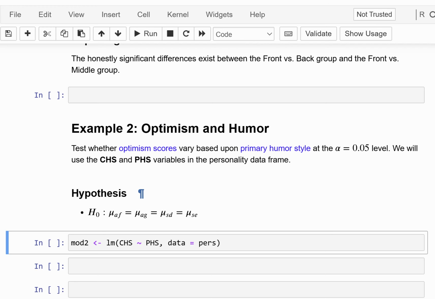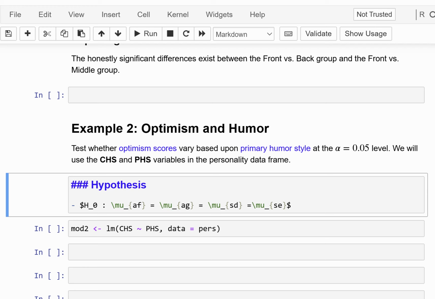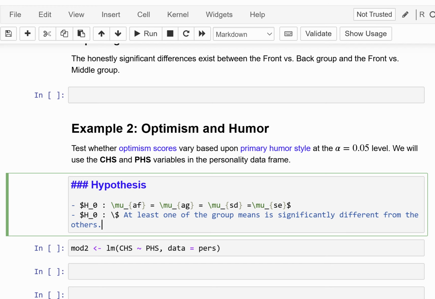There we go. That's a beautiful null hypothesis. And again, what's the alternative hypothesis? Well, I'm going to start with this, right? And then I'm going to say at least one of the group means is significantly different from the others.